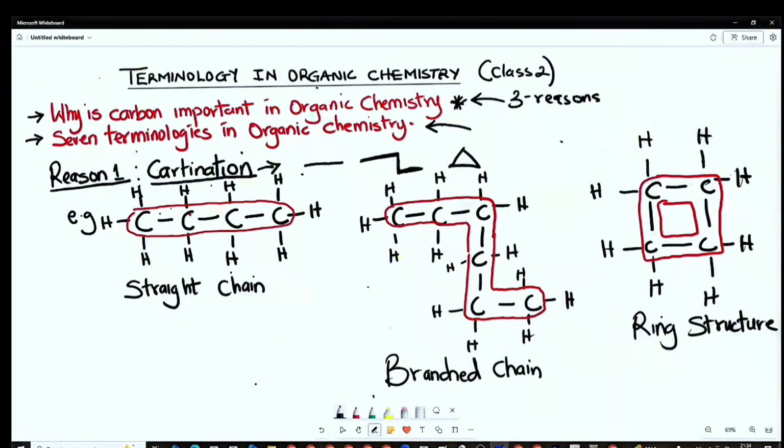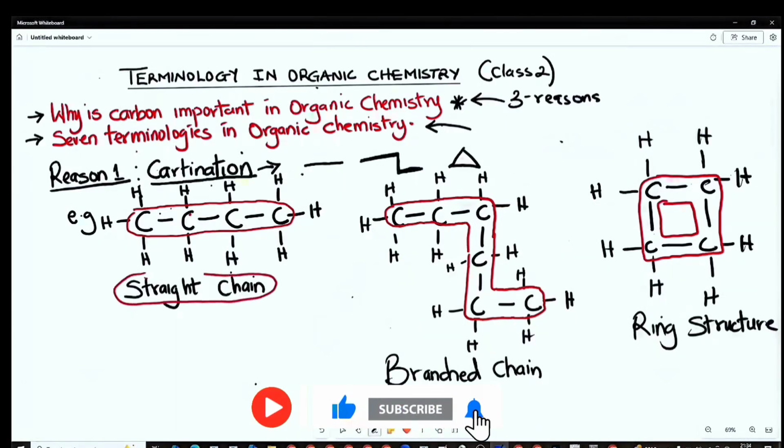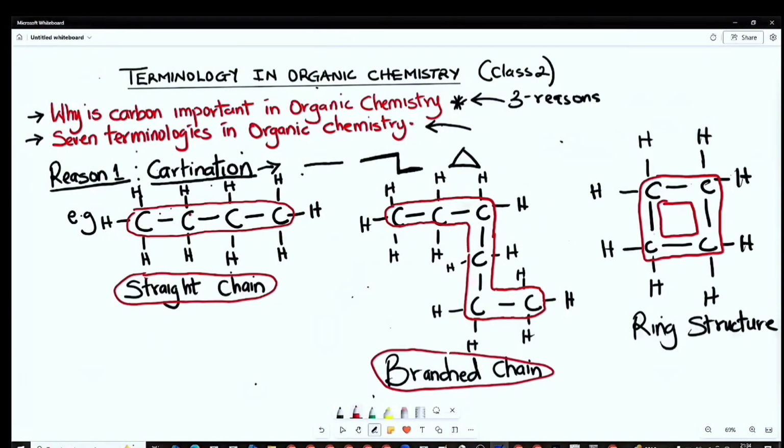So what is catenation? We say catenation is the ability for carbon to form a straight chain, a branch chain, and a ring-like structure. That's catenation, right? So this is the most important reason as to why carbon is very important in organic chemistry.